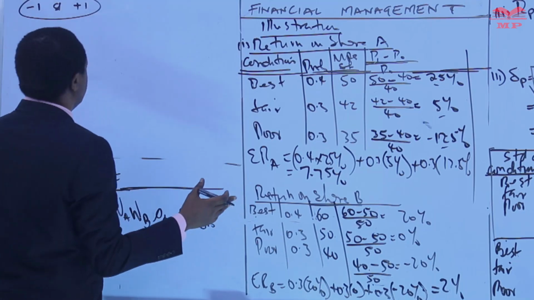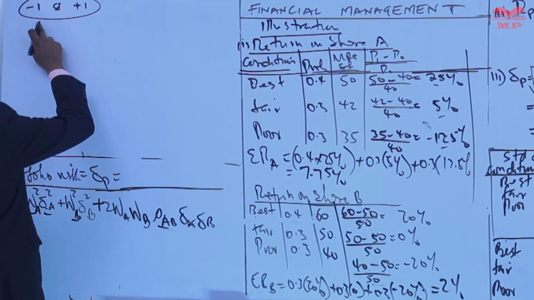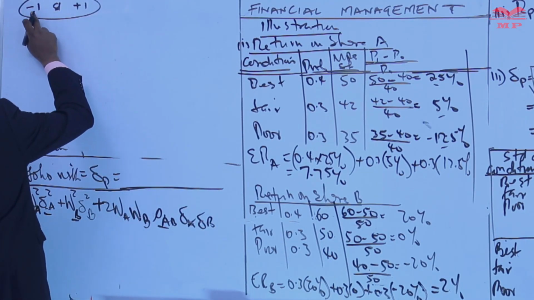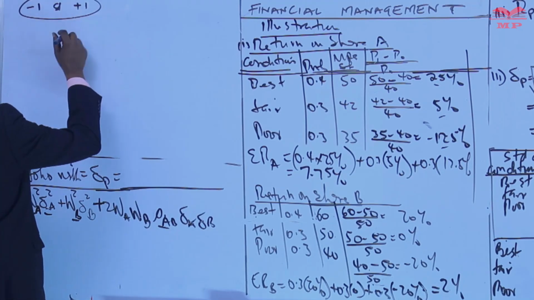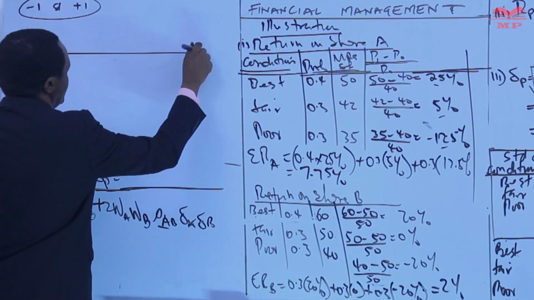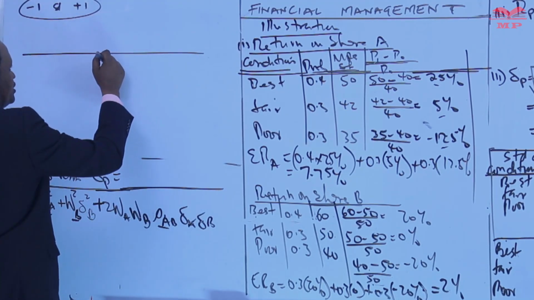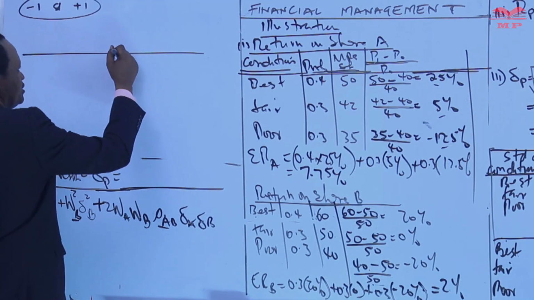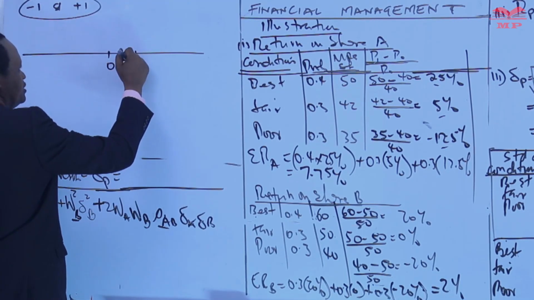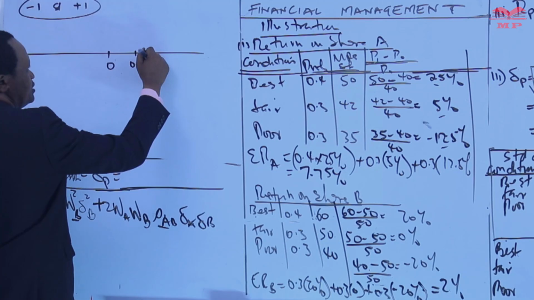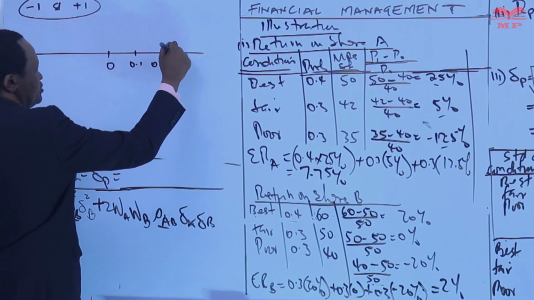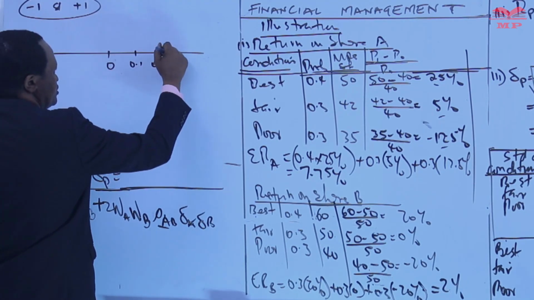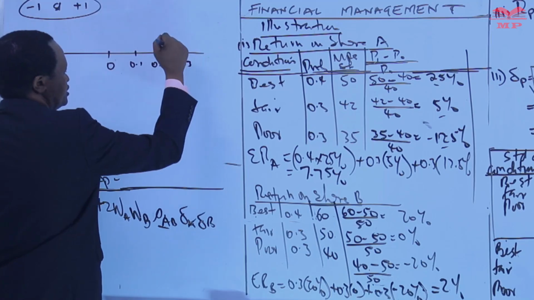Candidates, if you are saying it lies between -1 and +1, if you are to draw a number line, you have 0 here, then you have 0.1, 0.2, 0.3.